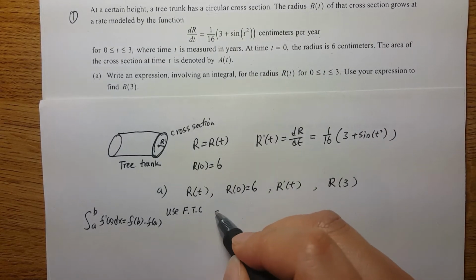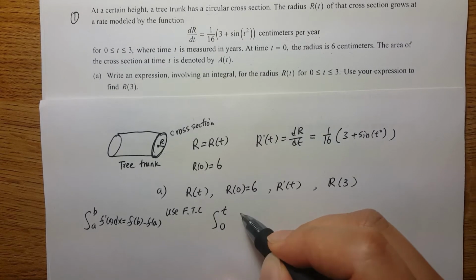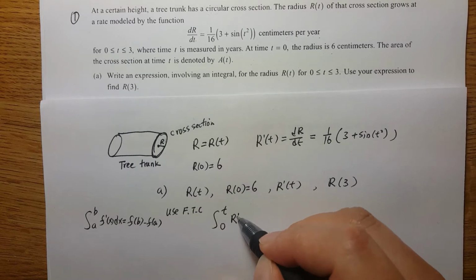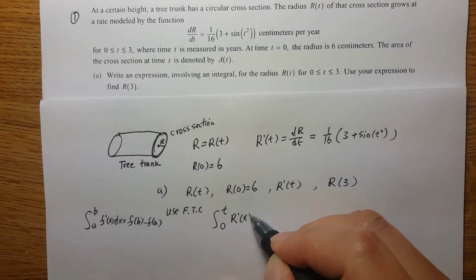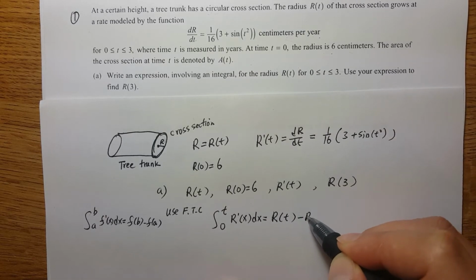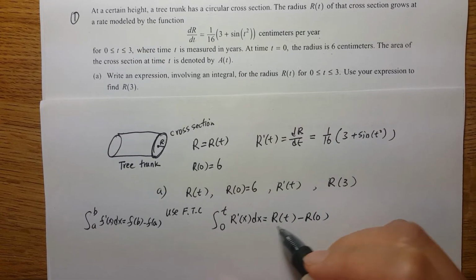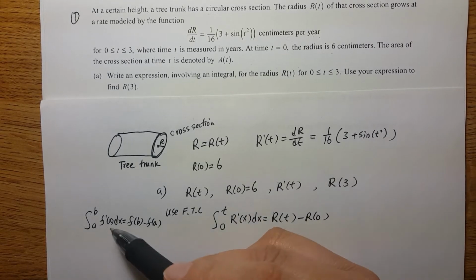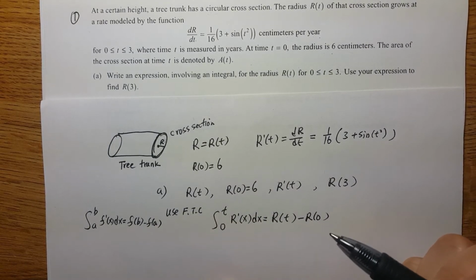So I just have to integrate from 0 to t, a to b, 0 to t. For R prime, I cannot use t, I have to use x. So now I get R of t minus R of 0. This is using the FTC in different notation, R prime.